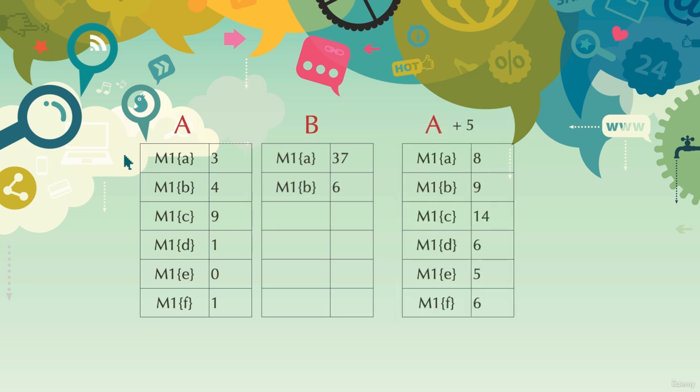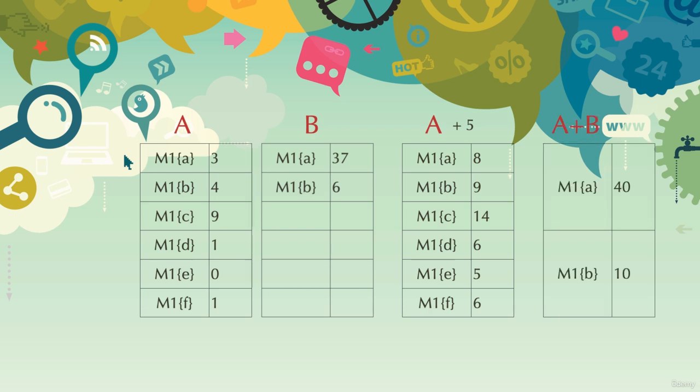Now, if I say A plus 5, just like what we saw in Prometheus, you will see that 5 is added to every single value in vector A, but the instant vector you get is new. So you are not actually changing the vector A when you apply a scalar on an instant vector, or when you apply an operator on 2 instant vectors, you always get a new instant vector.